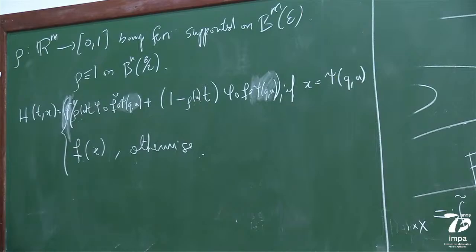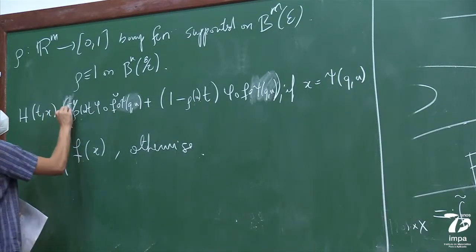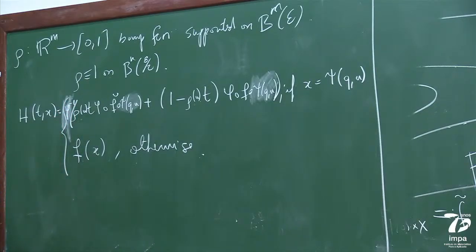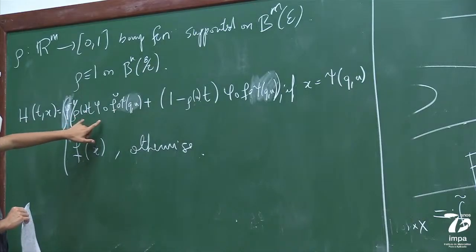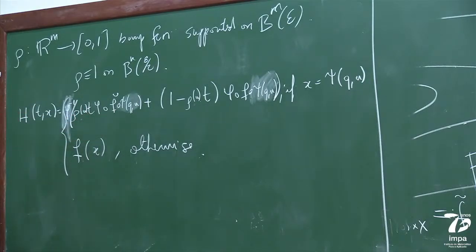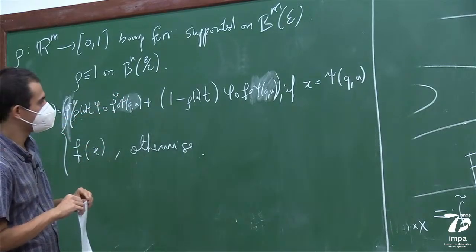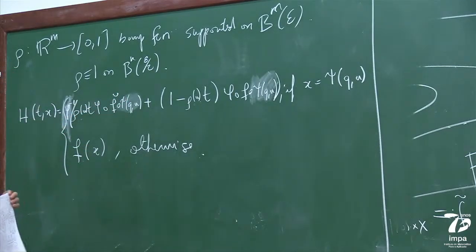So why is this necessary? It's necessary because if you don't do this, there's no control that you're not going to be hitting 0 again.